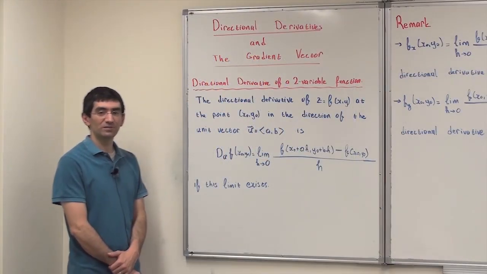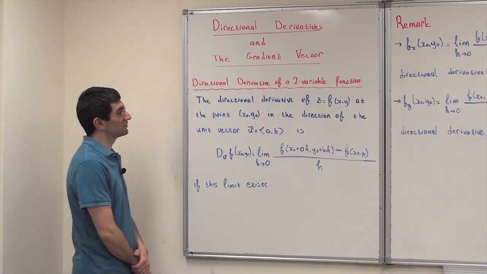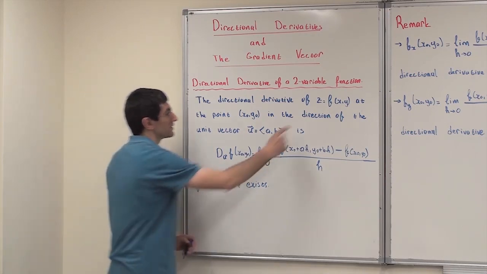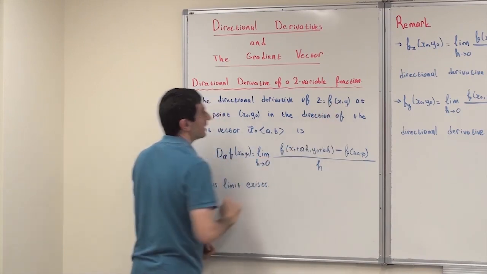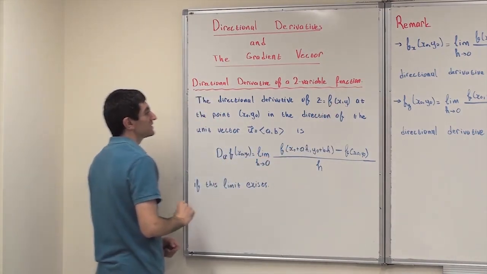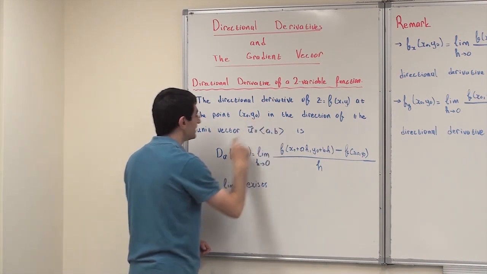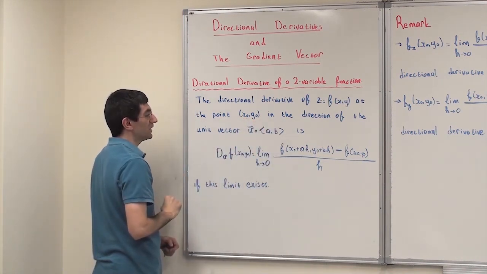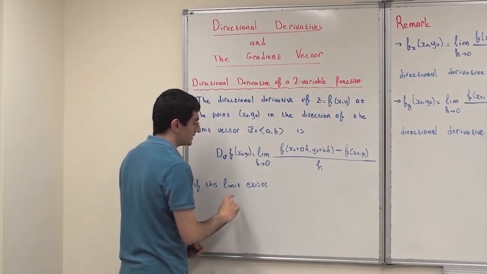Now, let's talk about directional derivatives. I'm going to start with the directional derivative of a two-variable function. So, let f be our two-variable function, where x and y are the variables. Its directional derivative at the point x0, y0 in the direction of the unit vector u, whose components are a and b, is the following limit.